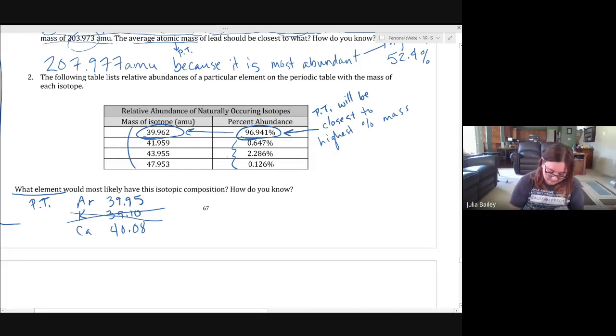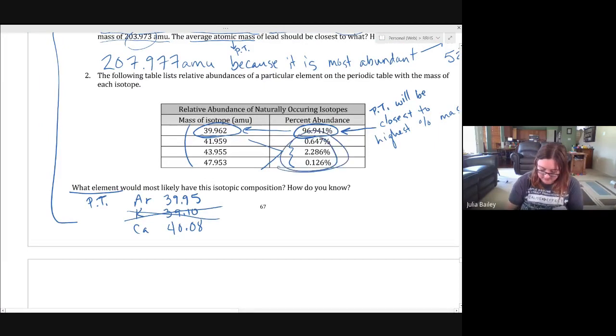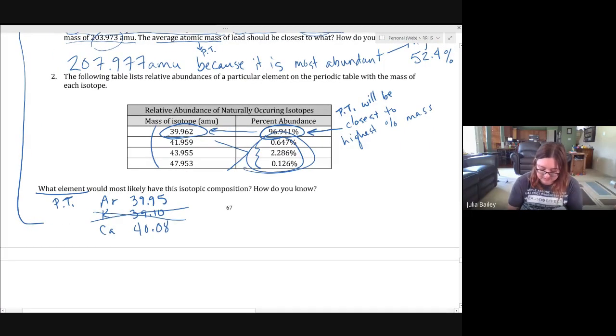And all the masses that go with those percents are higher than 39.962, so they're all going to pull that mass up to a higher number than 39.962.